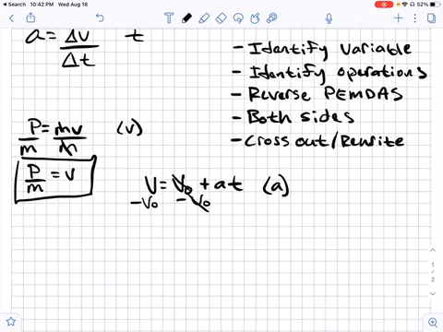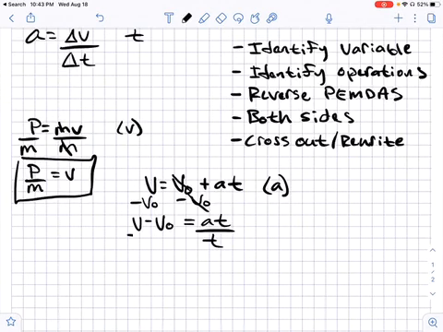So this will cancel. Let's rewrite it. That would give me v minus v naught equals at. So the next step here, a is being multiplied by t. We're going to do the opposite. We're going to divide by t. But what we do to one side, we have to do to both.